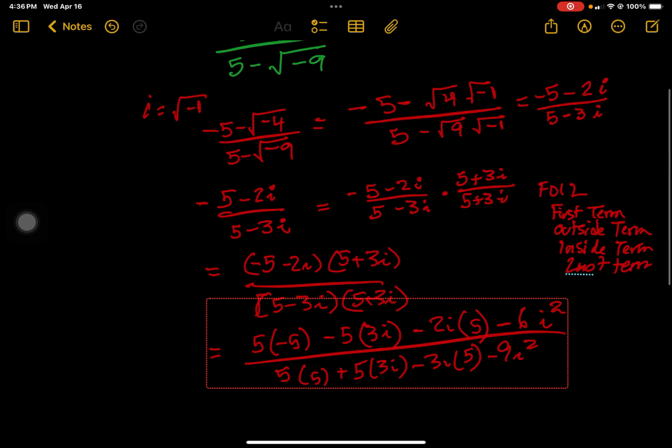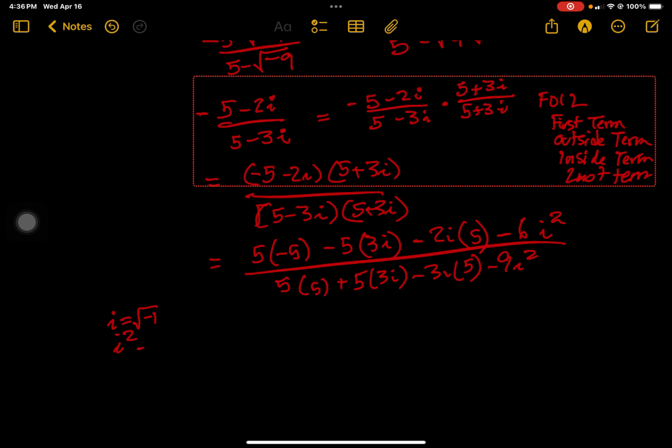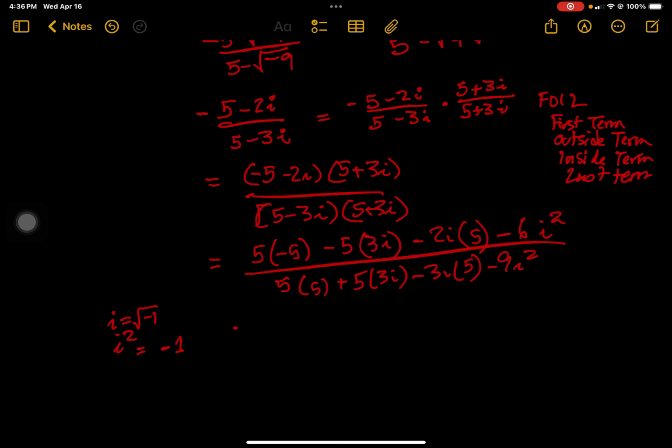I already told you i is equal to the square root of minus 1. So i squared is equal to minus 1. Okay, so let's do it. 5 times minus 5 is minus 25.